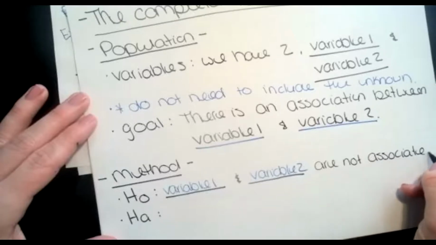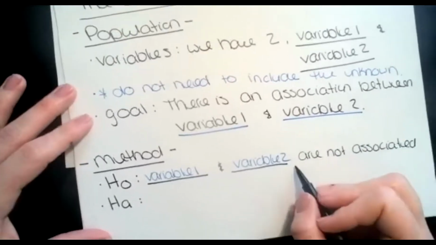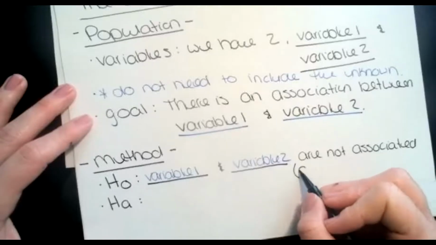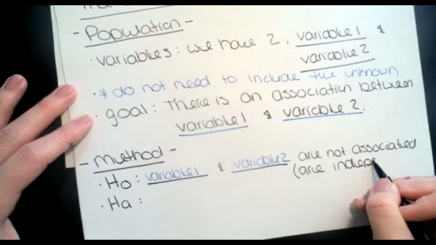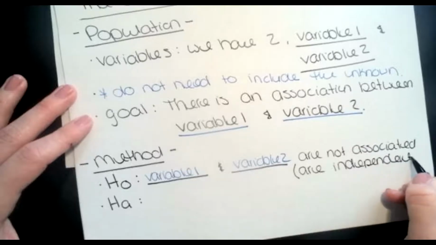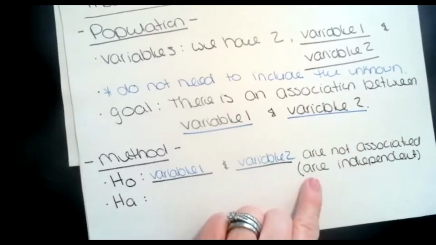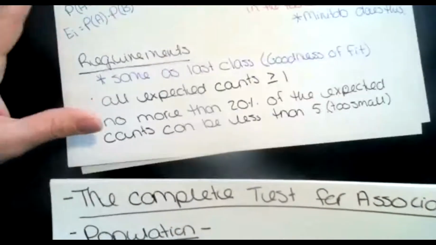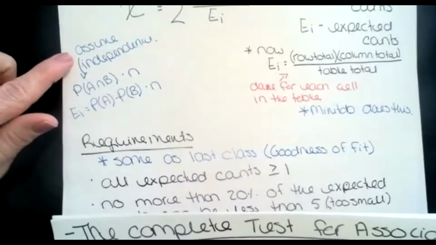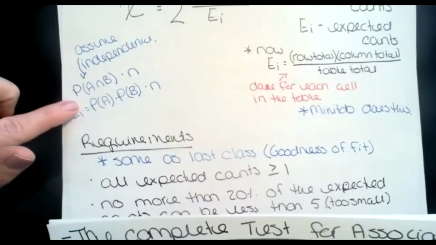The other way you can word this, I'm just going to put it in parentheses, they are independent. Remember, we're assuming independence when we're calculating the probabilities. Assume independence. That's our null.